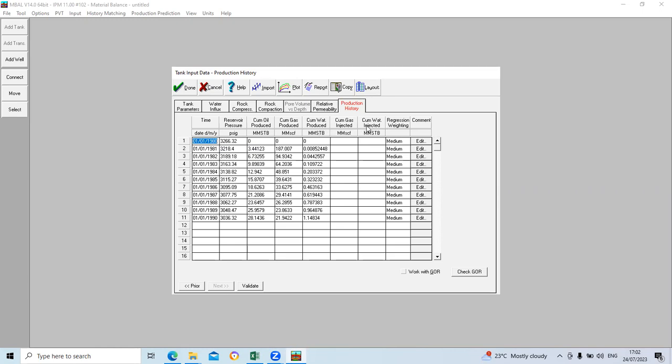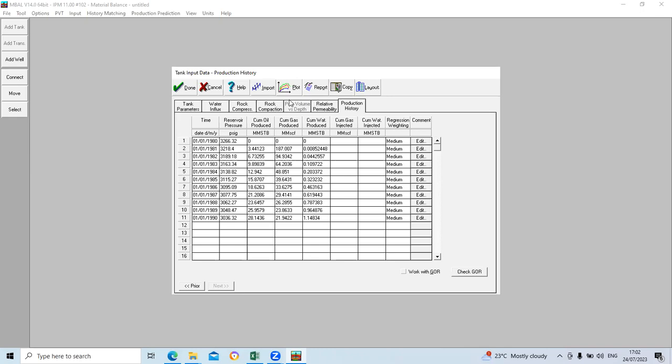If we have some injection, maybe some injection has taken place for a period of time, maybe gas injection, we have to input that parameter, and maybe water injection also we input the parameter. From there now we'll click on validate. Once it turns dark like that, it means it has been validated.